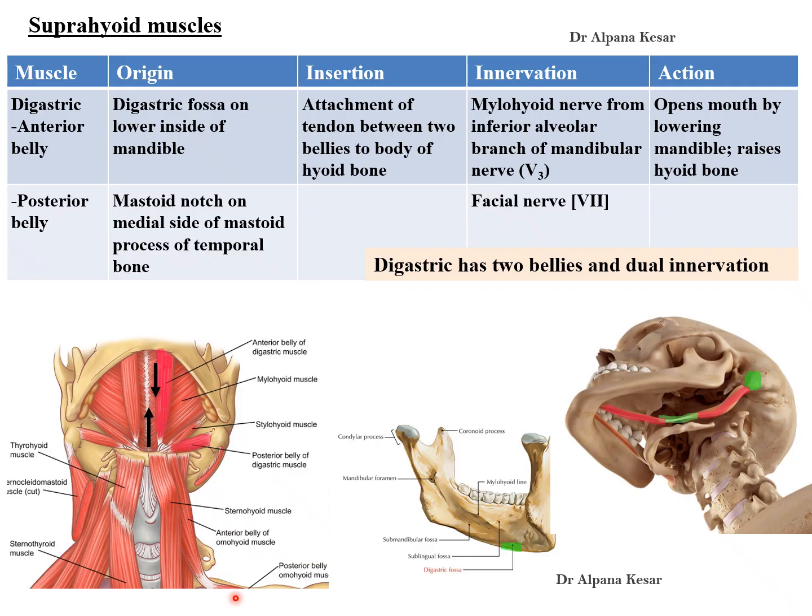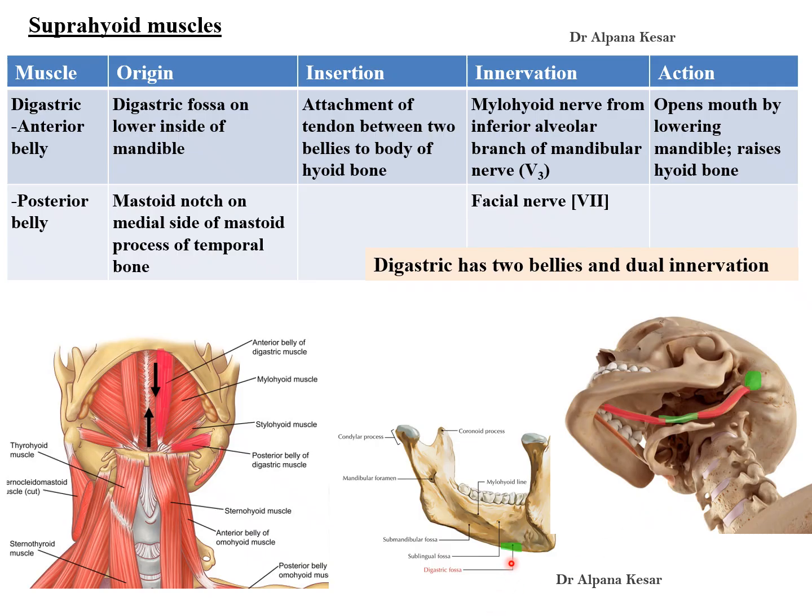The anterior belly of digastric takes origin from the digastric fossa, which is present at the lower surface or border of the body of mandible. The posterior belly takes origin from the mastoid process on its medial surface and from the mastoid notch.